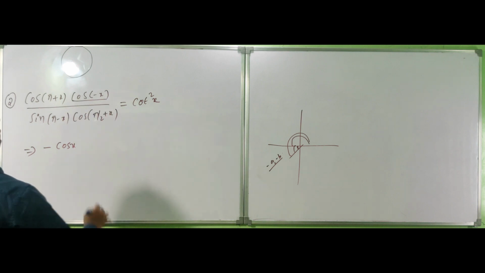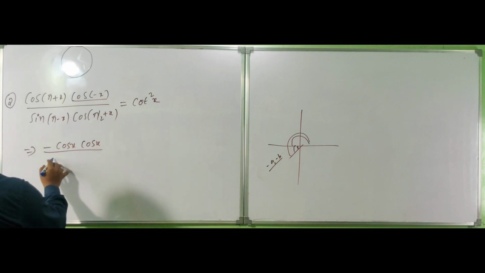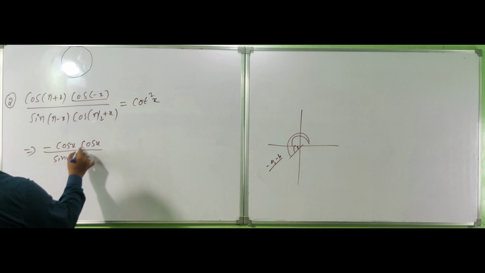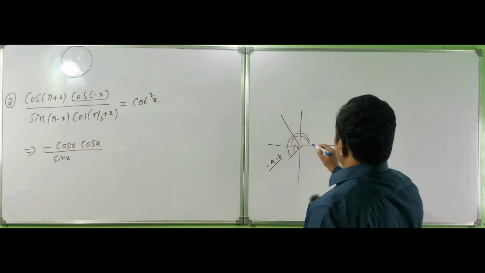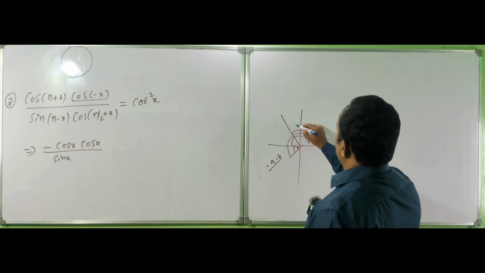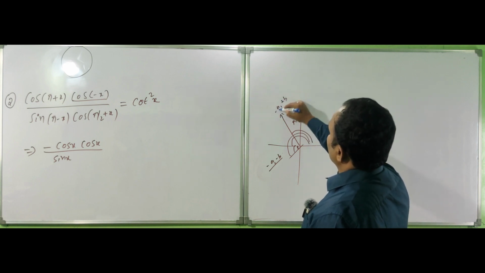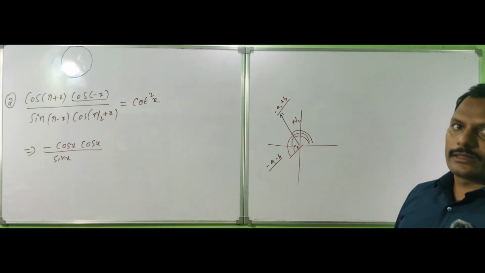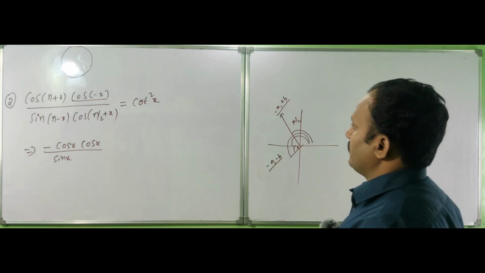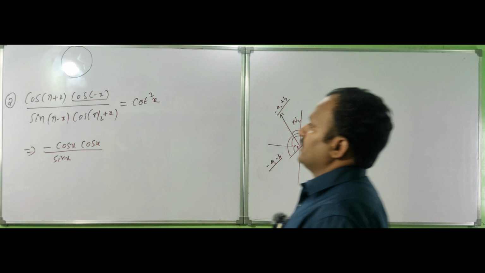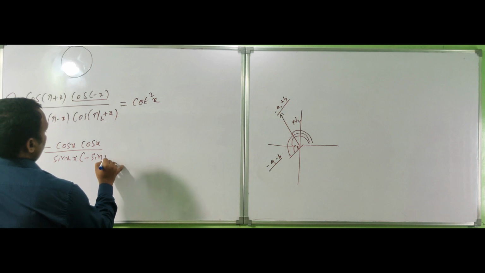Already you know the value of cos of minus x is cos x, and sin of minus x is minus sin x. Now cos of pi by 2 plus x. This is the pi by 2. Minus A plus B, so here you will get minus A, meaning minus sine of x.